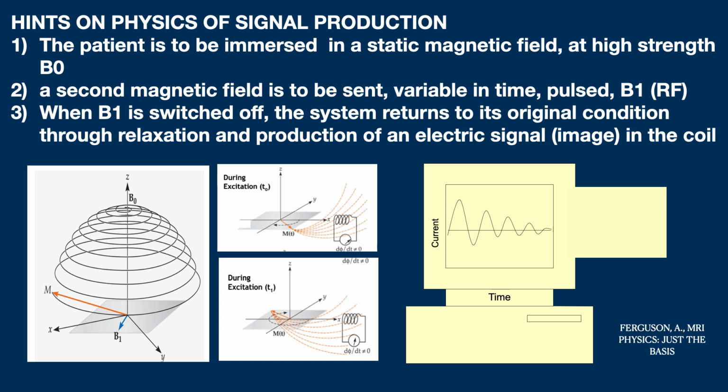A second magnetic field is then sent, varying in time, in the field of radio frequency, pulsed, switched on and off, called B1. When B1 is switched off, the system returns to its original conditions through a phenomenon called relaxation, which induces the formation of an electric signal in the coil, and that is the image.